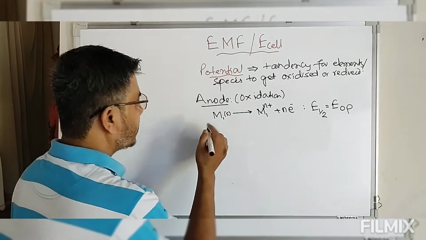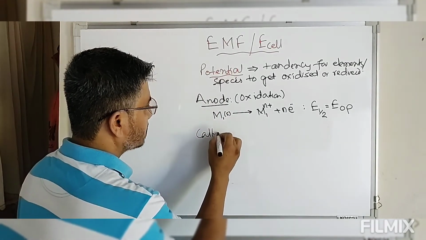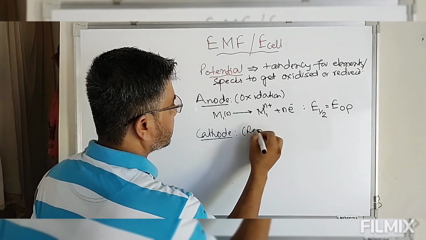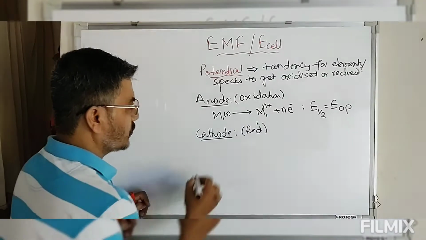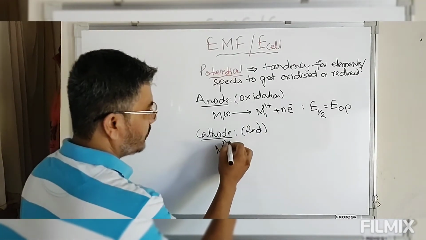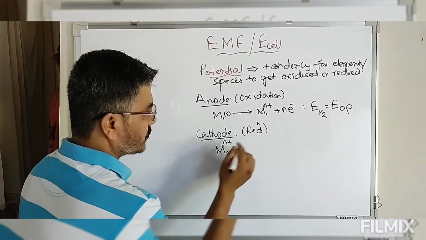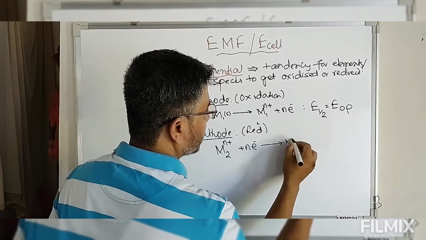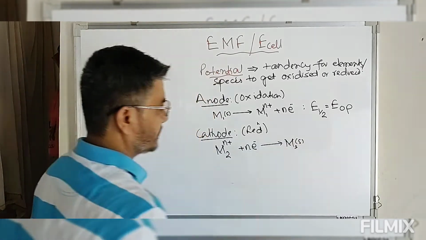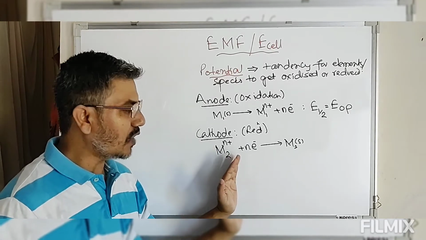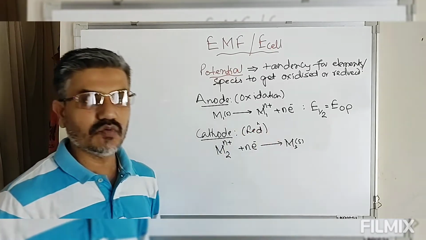Similarly, on the other hand, we have the cathode, and at this cathode a reduction reaction takes place. So suppose we have M2 n plus in aqueous solution. This gains n electrons and gets reduced to give you M2 solid. This is the reaction in which this metal 2 ion gets reduced to give you metal 2.